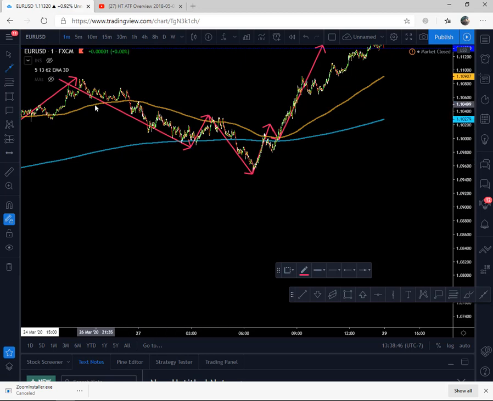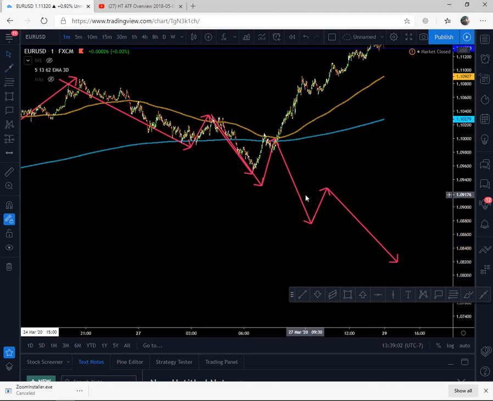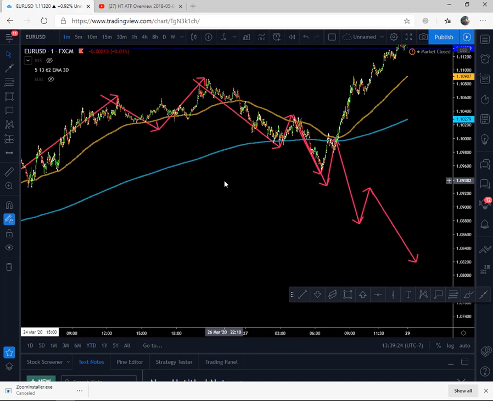So if price would have done the following, making lower lows, then this 13 EMA wouldn't be above, but rather below the 62 EMA, and that would have been a confirmation of a new trend direction. I hope all this makes sense so far.